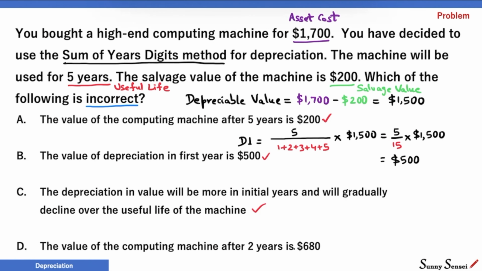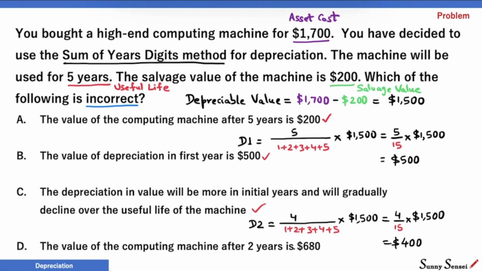The value of the computing machine after 2 years is $680. We have the depreciation for year 1. Let's do that for year 2 also. It is 4 by sum of years, or 4 by 15 times $1,500, or $400.